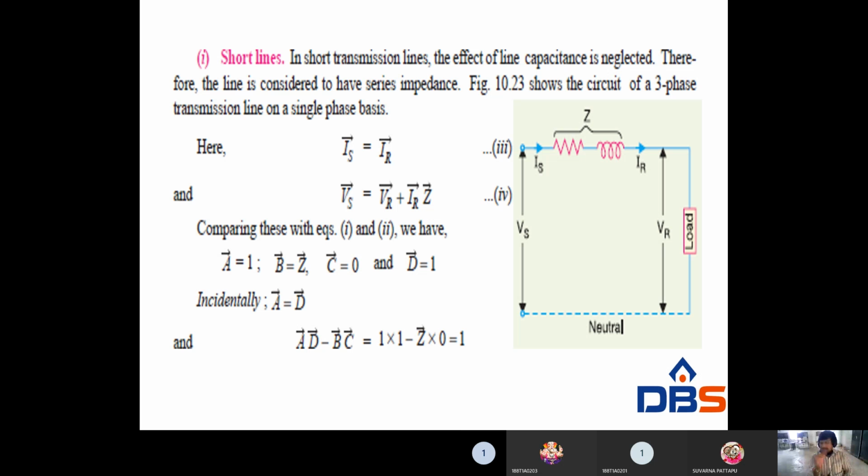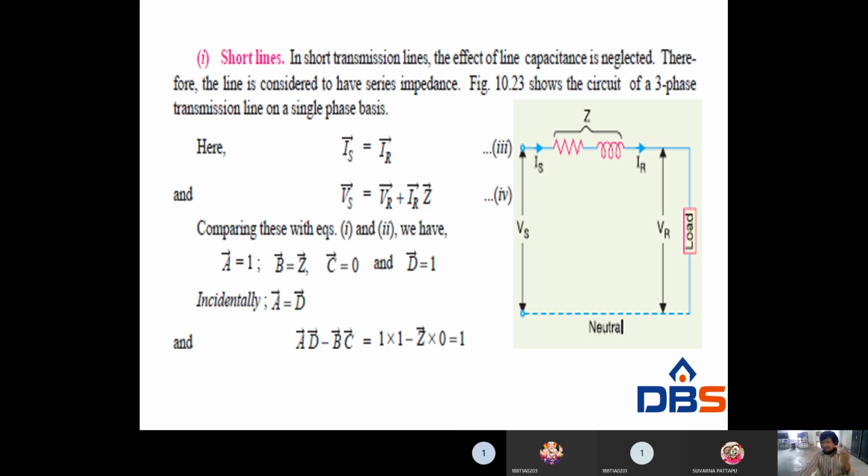So from the two conditions, A is equal to D, that is satisfied for short transmission lines. AD minus BC equal to 1, that is also satisfied for short transmission lines. That means the short transmission line is symmetric as well as reciprocal. So both conditions are satisfied. That is the conclusion, right?